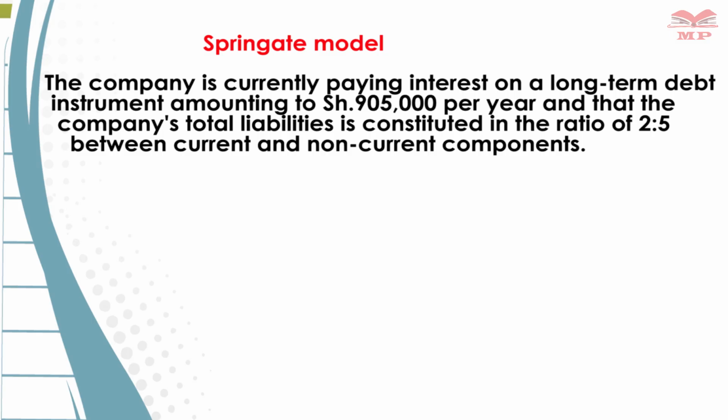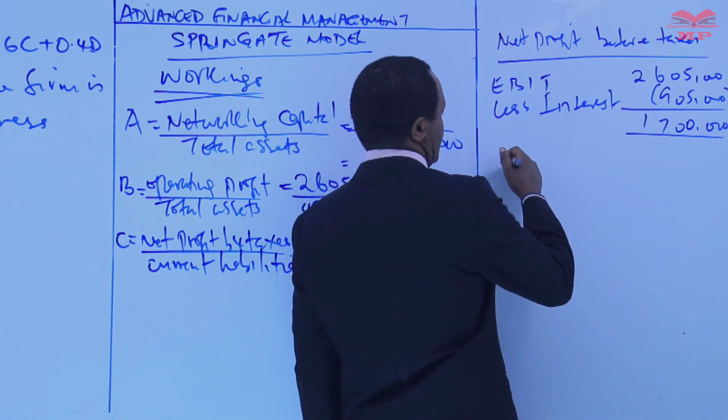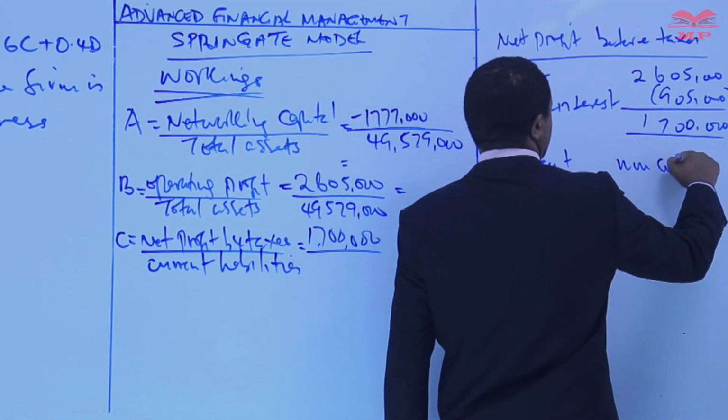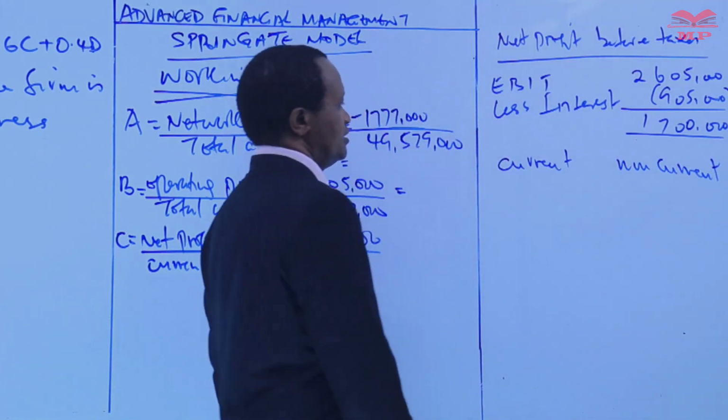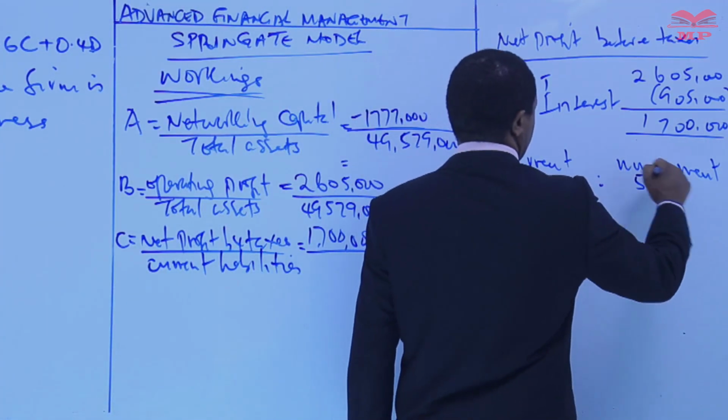We read that the company's total liabilities is constituted in the ratio of 2 to 5 between current and non-current components. So we have current liabilities and non-current liabilities. We are given the ratio of 2 to 5.